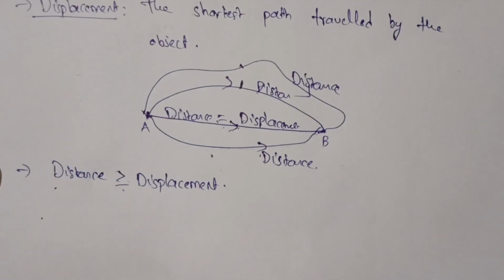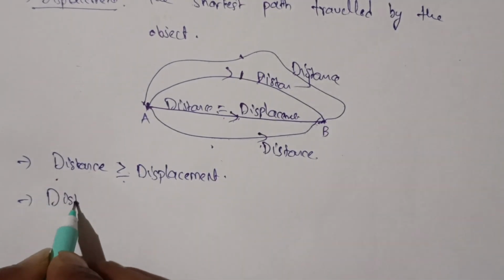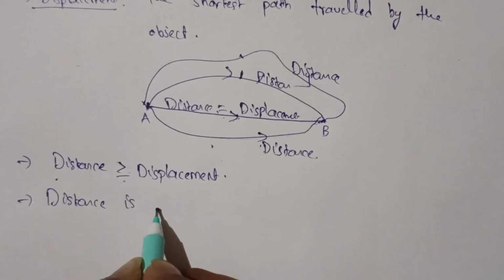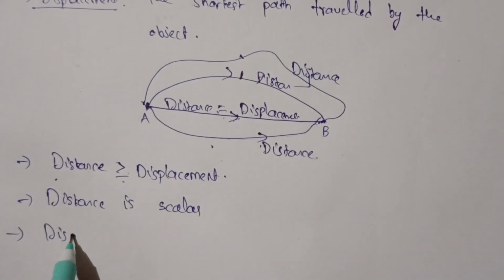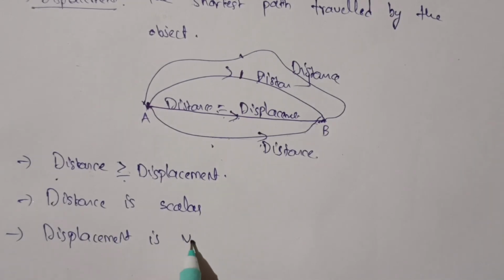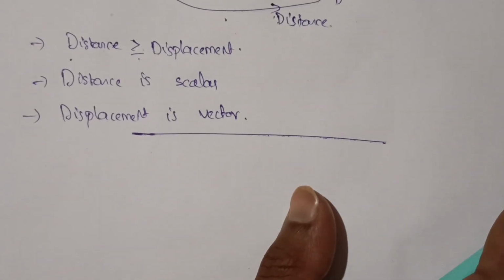Then the next point is, distance is scalar and displacement is vector. Then based on this concept, let us go through the PYQ.